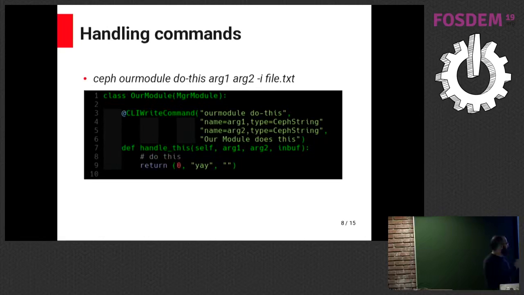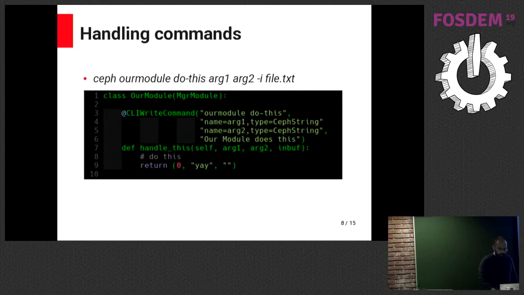And it's neat, because even in this case, if we didn't have arguments, we would not have to specify them. The inbuf is basically what we provide on the CLI as an input file. If any of you are familiar with Ceph, the Ceph tool will allow you to pass files with a -i, so you can just put the file there and it will send the file with the command. So the inbuf is basically where you pass bulk data in the CLI.